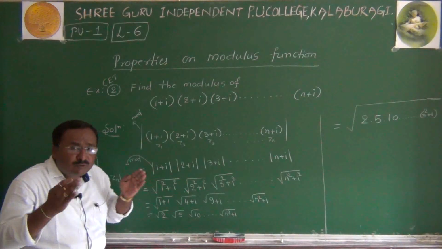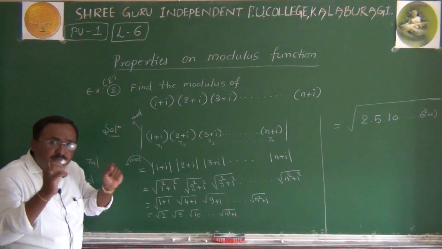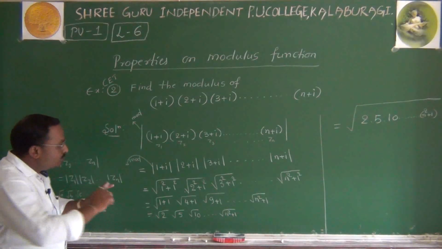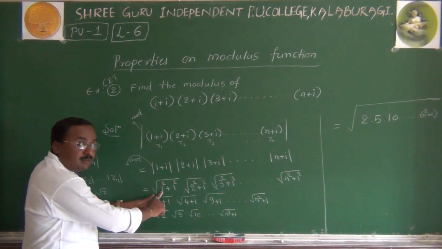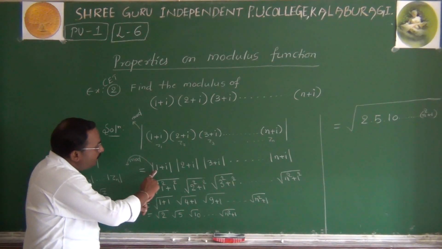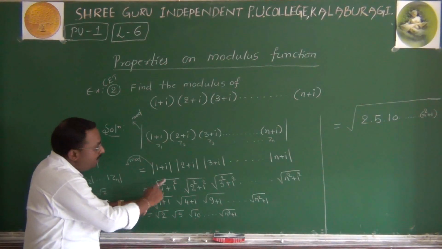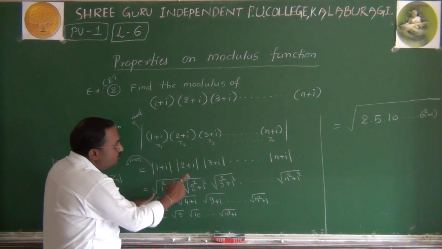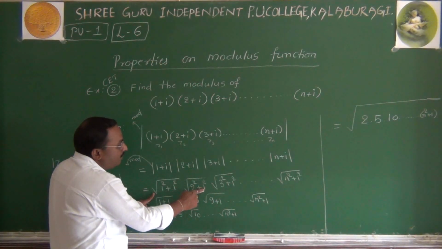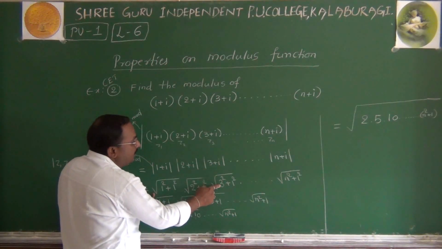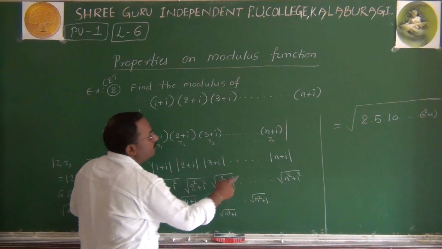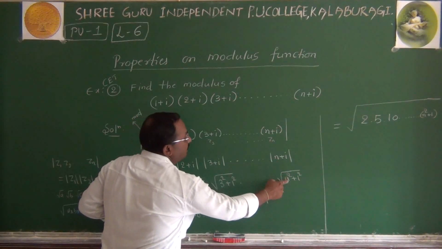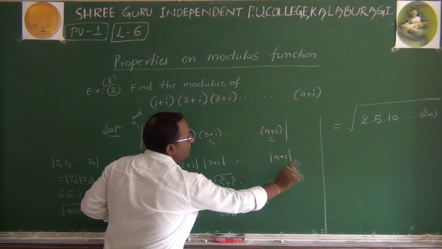We know that the definition of modulus is what? Square root of real part square plus imaginary part square. Here real part is 1, imaginary part is 1. Next, real part 2, 2 square, imaginary part 1, 1 square. Real part 3, 3 square, imaginary part 1, 1 square. Real part n square, imaginary part 1, 1 square.